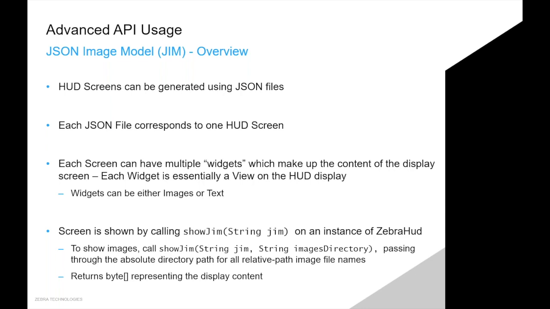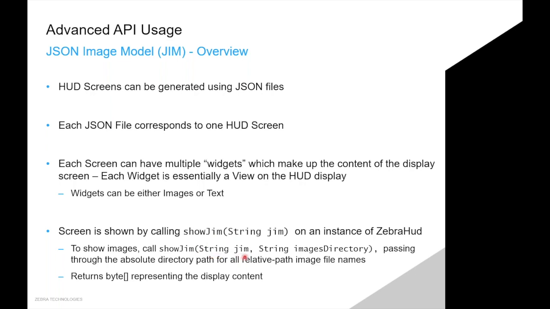Once you've created the JSON image model, or the JIM, which I'll go through in a bit more detail in the coming slides, you would display that quite simply by calling the showJIM method, and you just pass through the string representation of your JSON file. If you wanted to include images, however, there is an extra step. You would need to call the overloaded showJIM method.